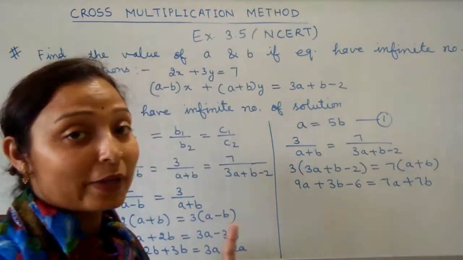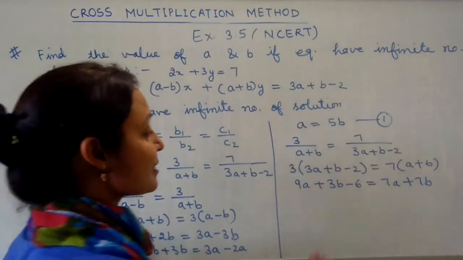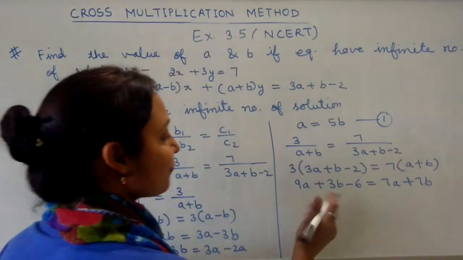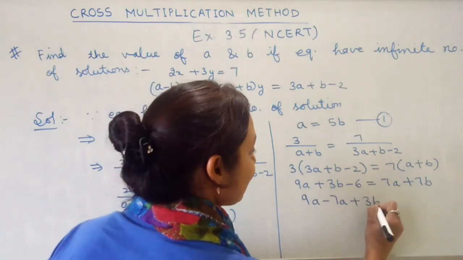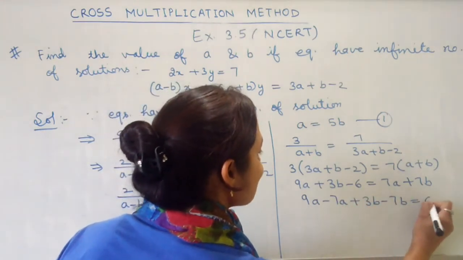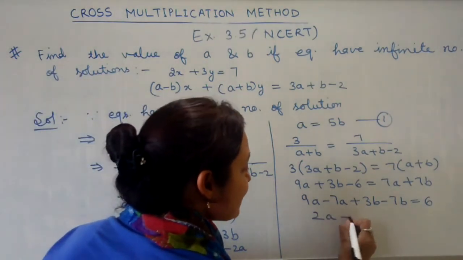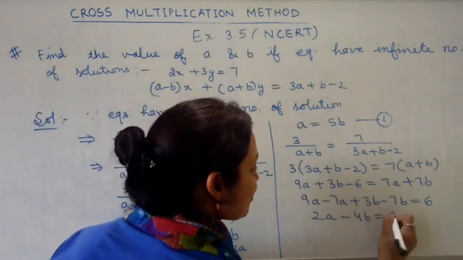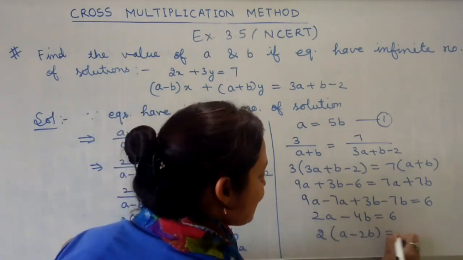Now make one equation using the two variables a and b. Take these terms to the left hand side: 9a minus 7a plus 3b minus 7b is equal to 6. So 2a minus 4b is equal to 6. I will take 2 common: a minus 2b is equal to 3.